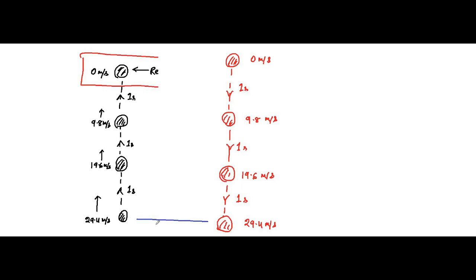Here it is 29.4, here it is also 29.4. Here it is 19.6 meters per second, here it is 19.6 meters per second. Here it is 9.8, here it is also 9.8. Here it is 0, here it is 0.